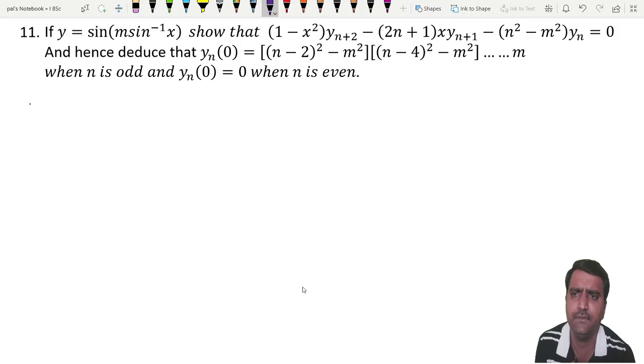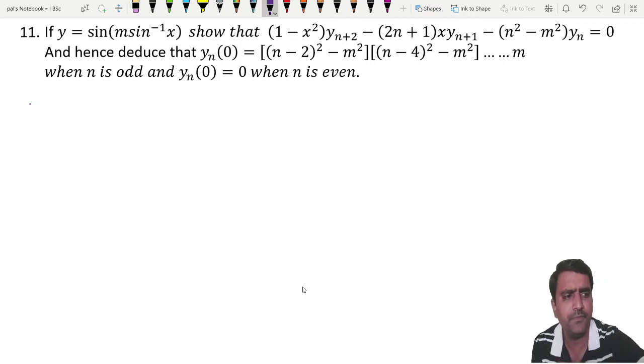So differentiation of m sin inverse of x is m by root of 1 minus x square, like that. Of course it is similar to previous problems, so no difference in it. Try to find the solution of this type of problems.